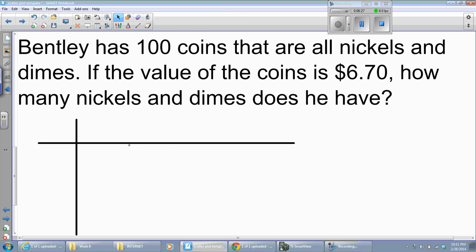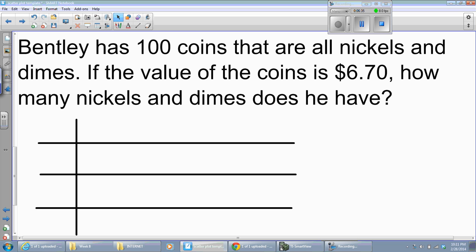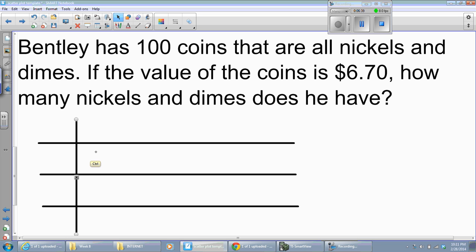Okay, so I've got my chart set up. So again, what kinds of coins are we talking about in this problem?